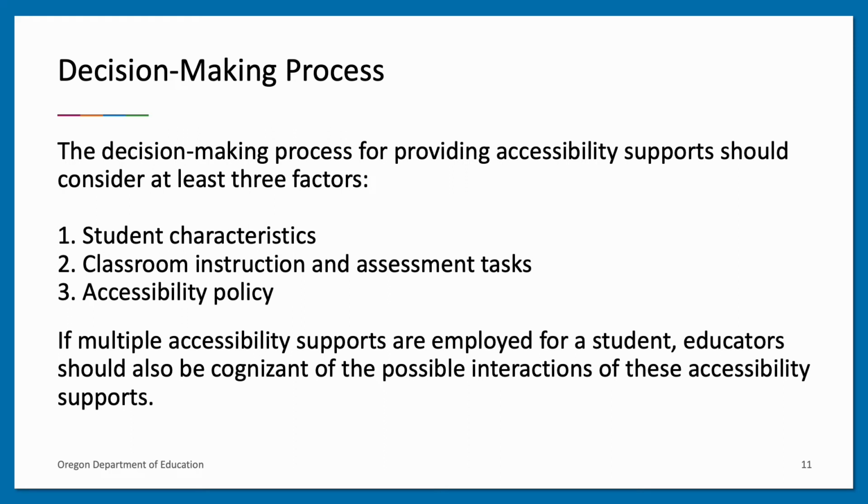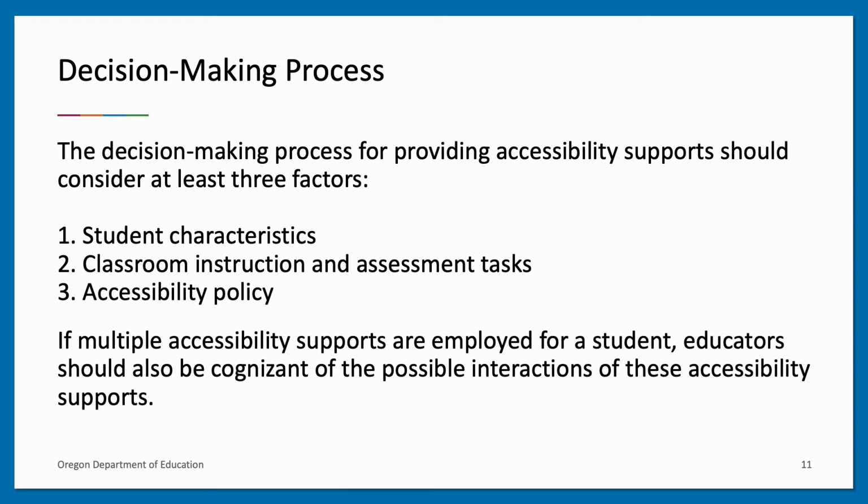CCSSO's Accessibility Manual contains assistance in identifying or selecting various types of accessibility supports for students, including consideration of at least 3 factors. Number 1, student characteristics: disabilities, language proficiency, accessibility supports used in classroom instruction and on assessments in order to access and perform with academic standards and state tests.